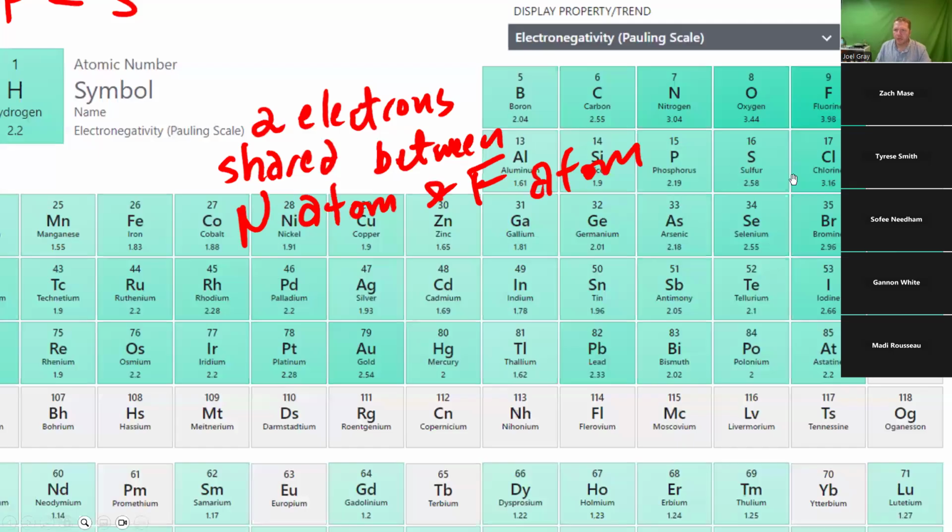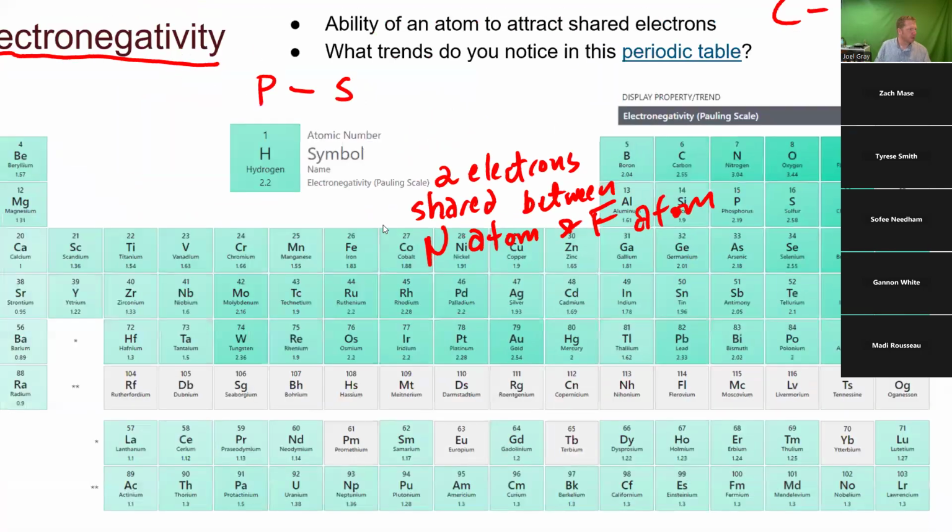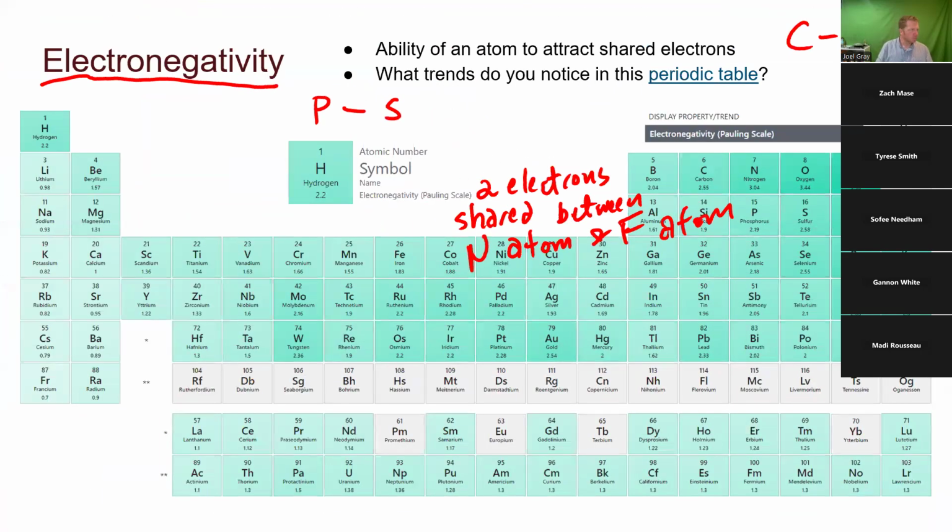It's more electronegative. Now, if we were to compare chlorine and phosphorus, say that we had another bond, PCl, I'm going to label it A and B. Which one of these two bonds has a greater difference in those electronegativity values?